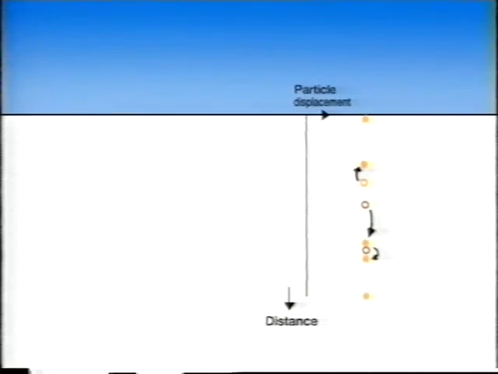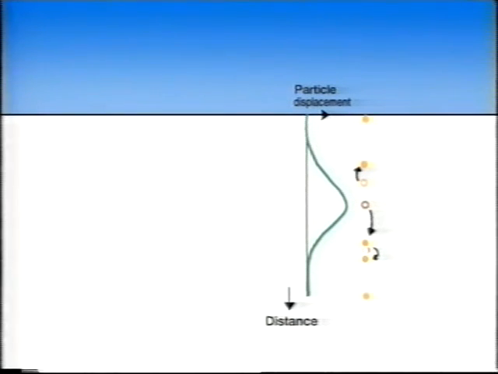Ahead of that, a particle has not yet moved so much. Behind, here is a particle moving back after its maximum displacement. So if we graph the particle displacement as a function of distance, we get this. Now let's look at the degree of compression of the particles. In the undisturbed zone, of course, uniform spacing of particles.